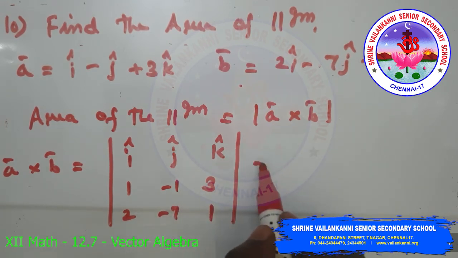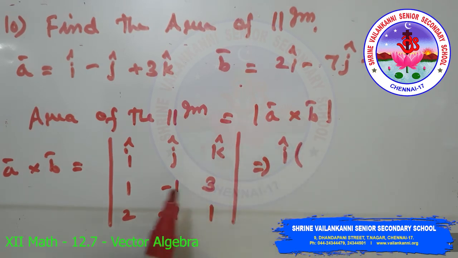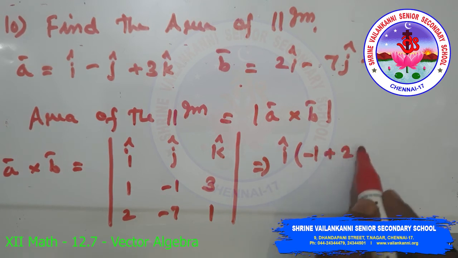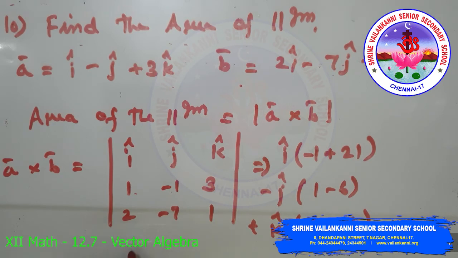So when we expand along the first row, i into (-1 + 21), minus j into (1 - 6), plus k into (-7 + 2), which is 20i + 5j - 5k.